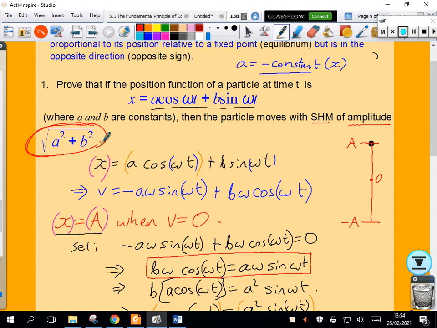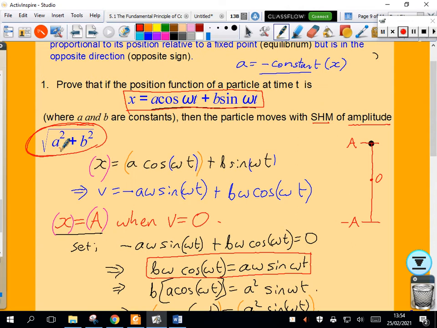So what I would do is I would just learn it off. I would just try to remember, go through it a couple of times, see if you can prove it, but I wouldn't try to prove it every time. I wouldn't try to find the amplitude by going through all those steps every time. I would just remember that a particle of this type will have an amplitude of the square root of a squared plus b squared. That's what I would do.